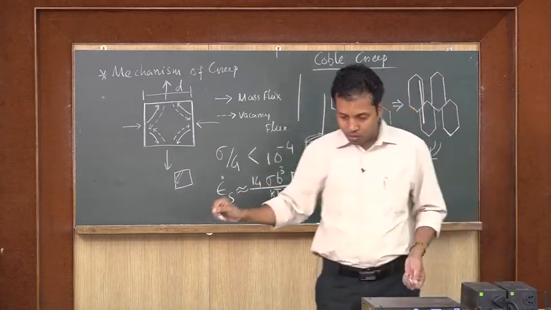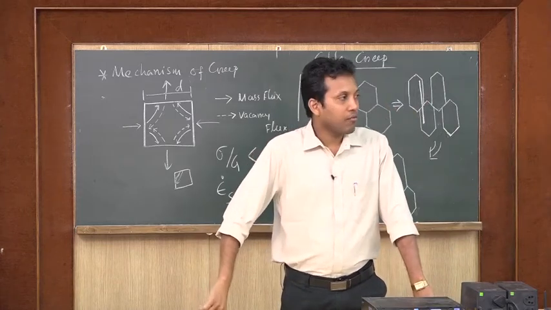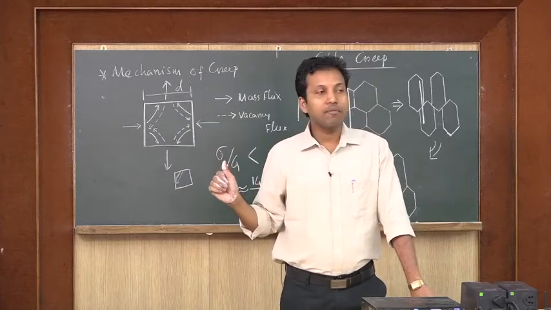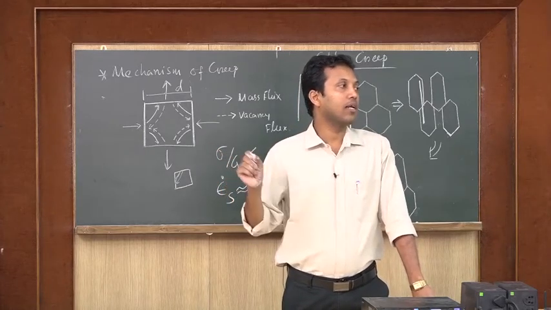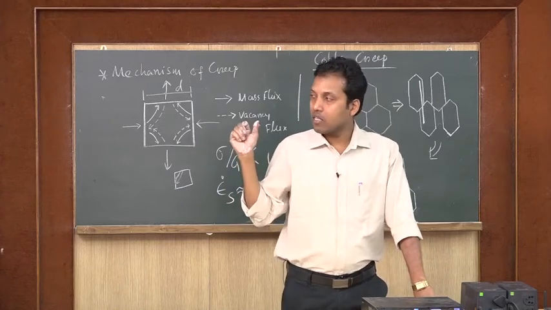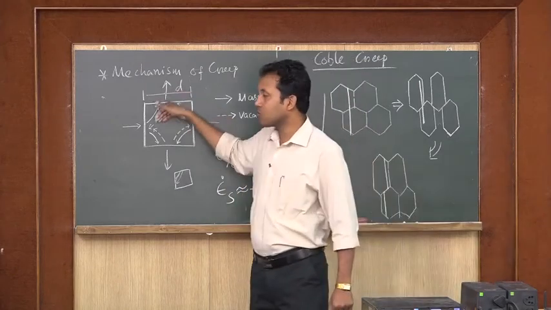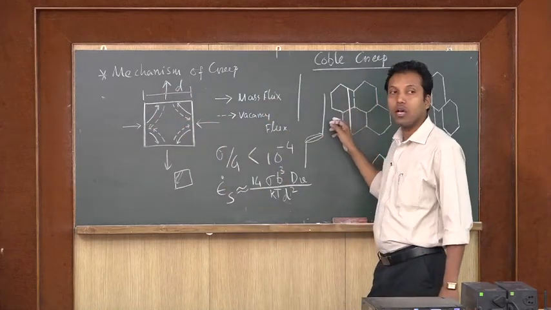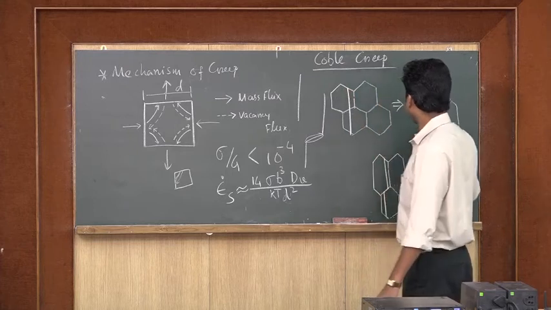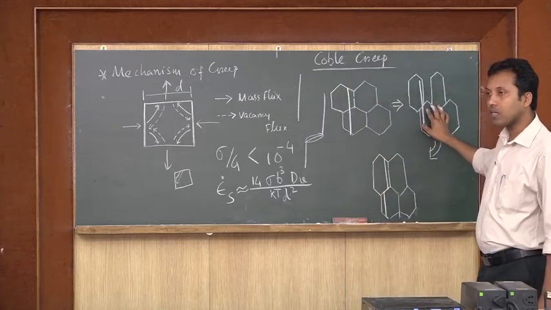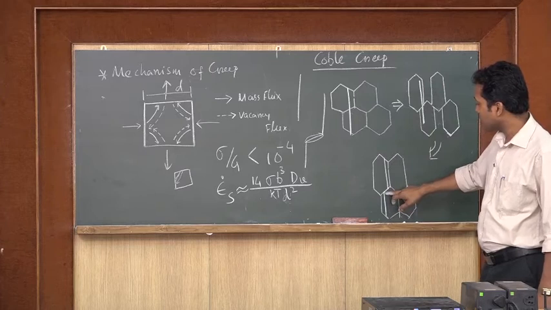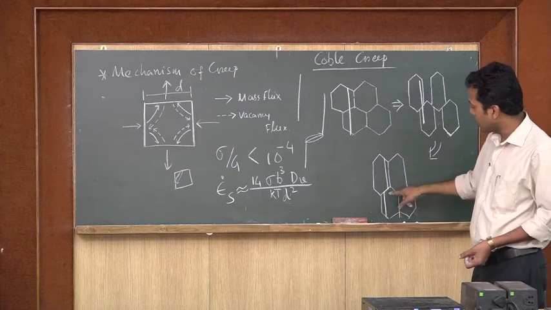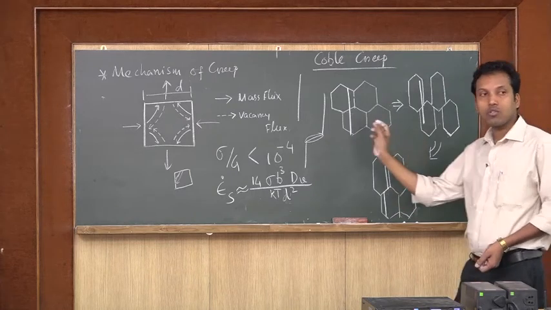Okay, so what we can find out from here is that during Coble creep I have atomic diffusion through the grain boundary. In the first case we have atomic diffusion inside a grain, here I have diffusion through the grain boundary, and that much sliding we can consider by measuring the displacement of the scratches we initially made.